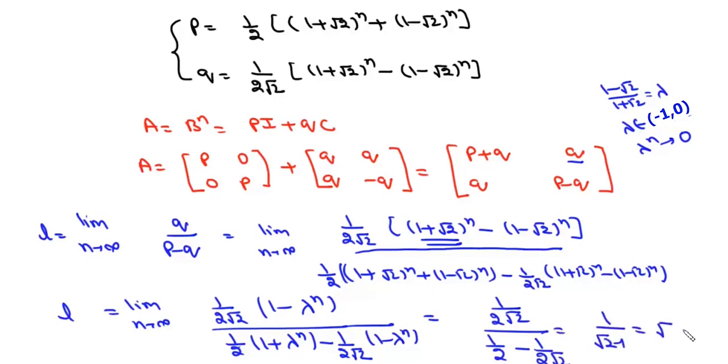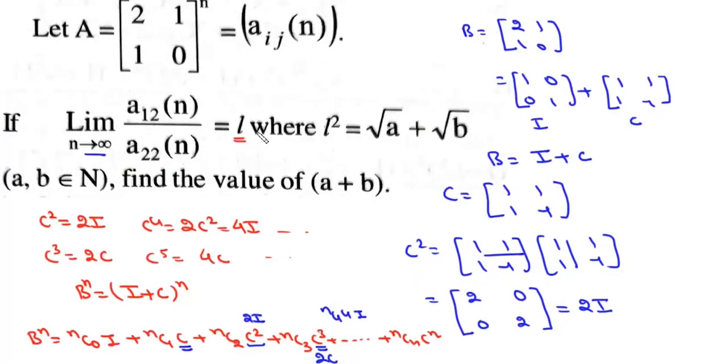And if we rationalize, we can write this as root 2 plus 1. So the value of L is root 2 plus 1. Now L square will be 2 plus 1 plus 2 root 2, which is 3 plus 2 root 2.